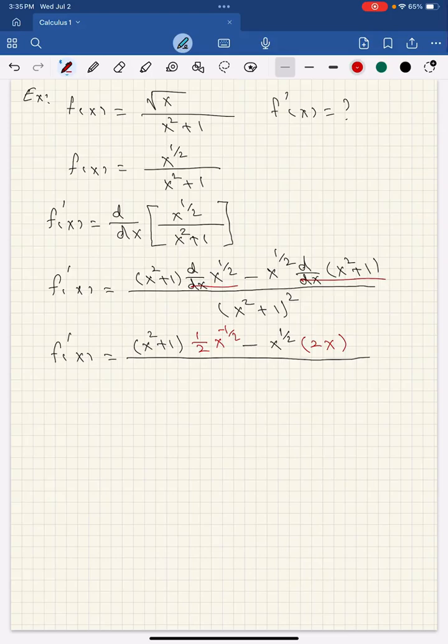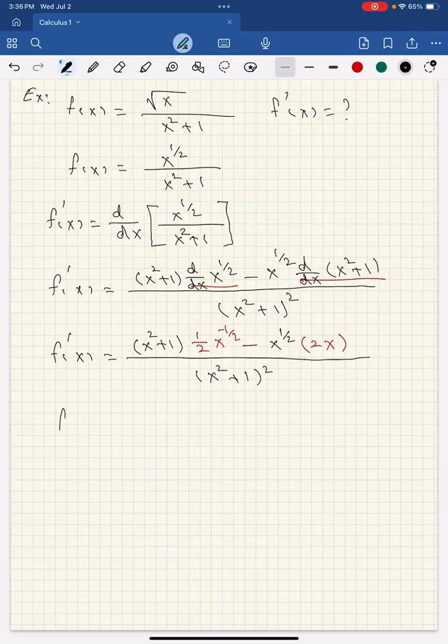Now what I do here, I will distribute everything. Of course, I'll keep my denominator. Let me first write the denominator: x squared plus 1, all squared.